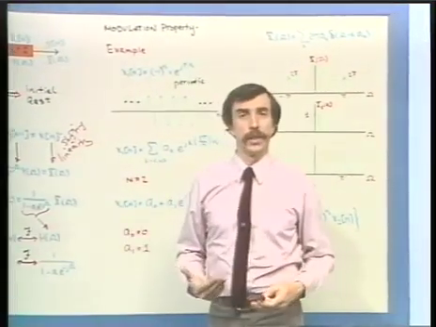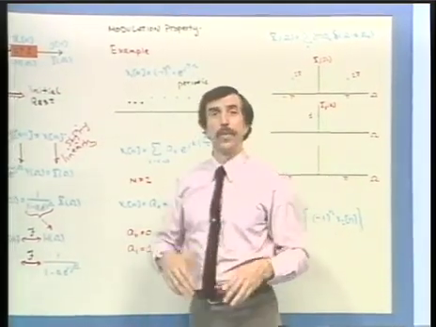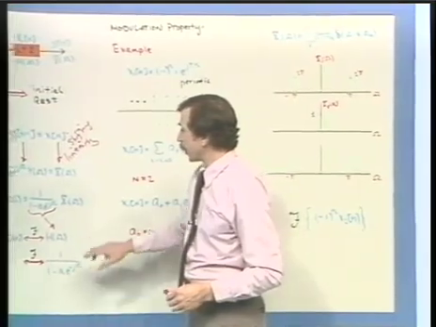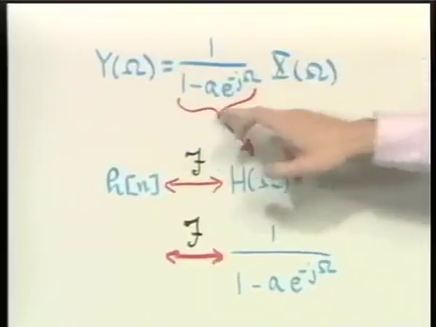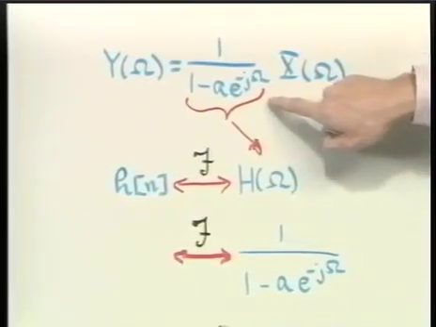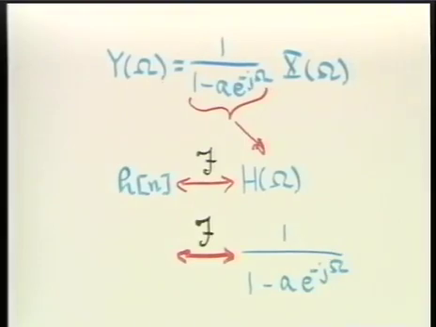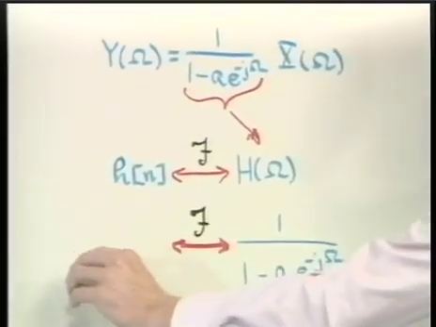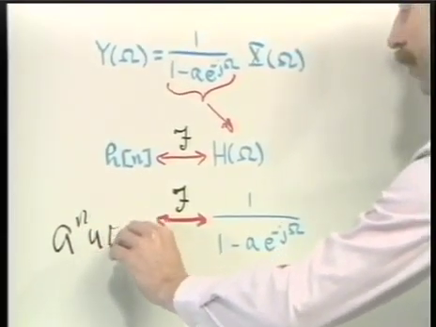Or we can do as we did in the continuous time case, which is to take advantage of what we know. In particular, we know from an example that we've worked before that this is in fact the Fourier transform of a sequence which is a to the n times u of n.